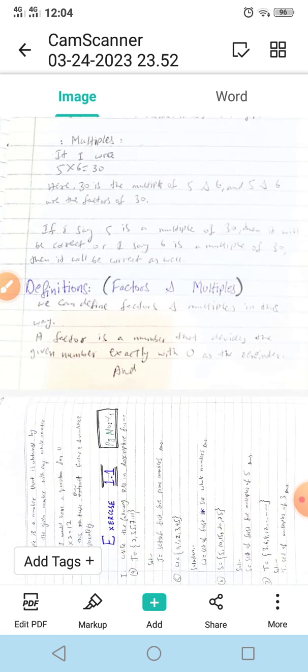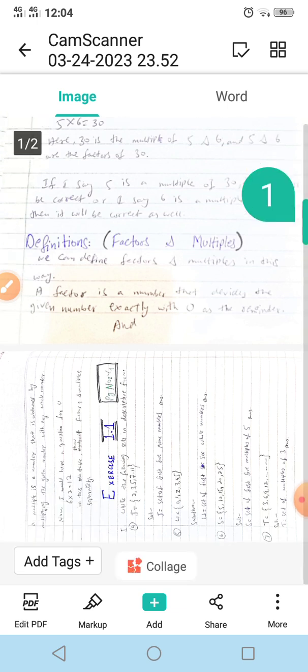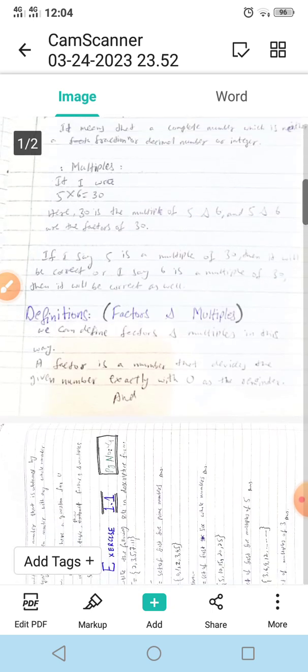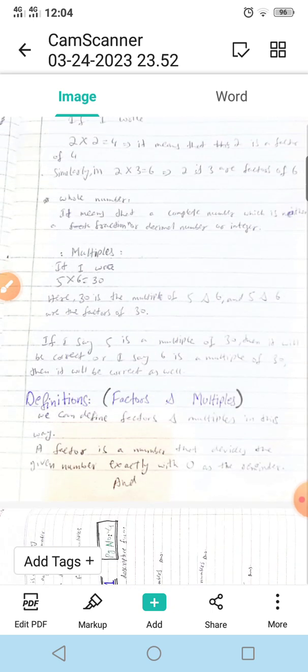In the definition we have studied that a factor is a number that can divide the given number exactly with 0 remainder.